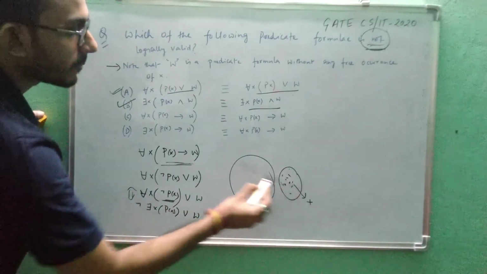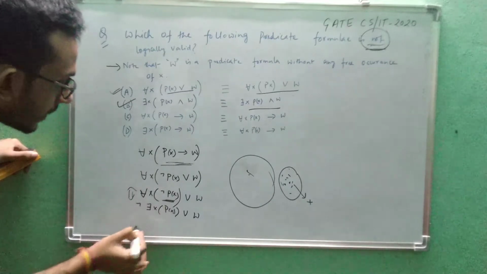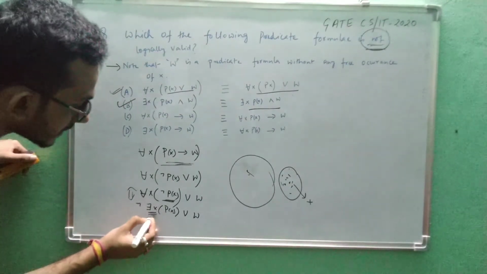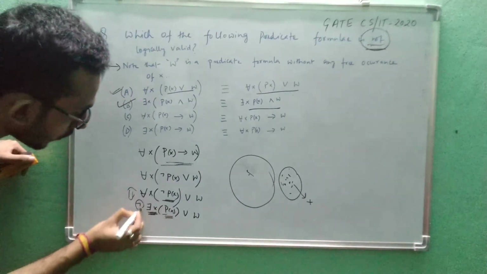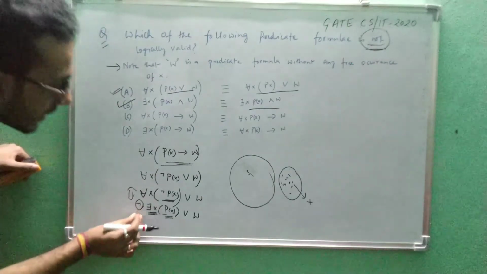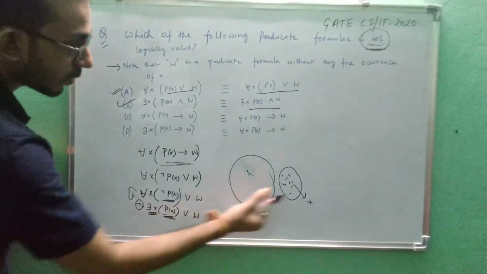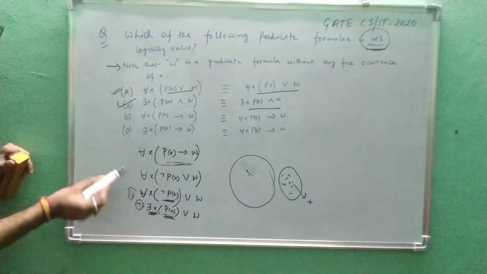None of them belong to this community. Now why are these two similar? Here we say that there exists one X, who belongs to X, and overall it is false. It tells that there exists no such X which belongs to X. There is not a single X who actually belongs to P of X. So these two are equivalent statements.